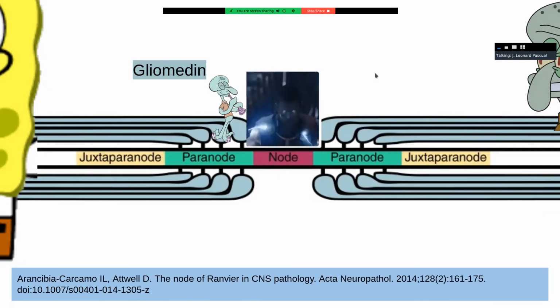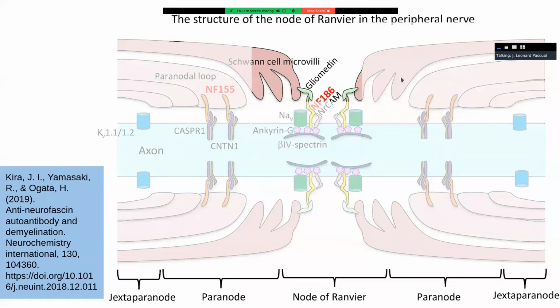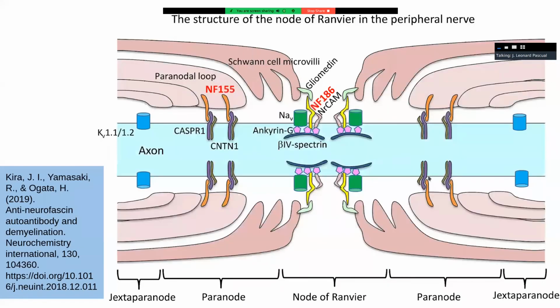So this you will understand better once these become disordered or there's a lesion in this area. So this is a complete picture, taking away all the coverings. This is how the node of Ranvier is meant to be understood with all those proteins there.